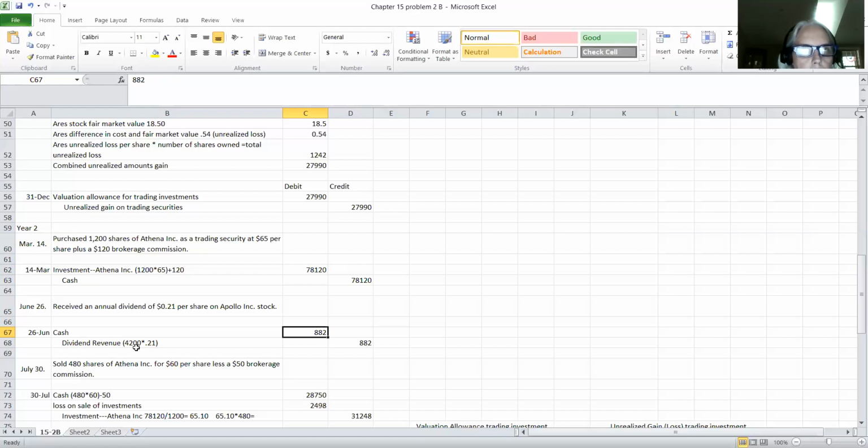We own 4,200 shares now at 21 cents each. So you multiply 21 cents times 4,200, and that will give you 882. We would debit our cash because our cash is increasing. Our dividend revenue is also increasing. We would credit it.